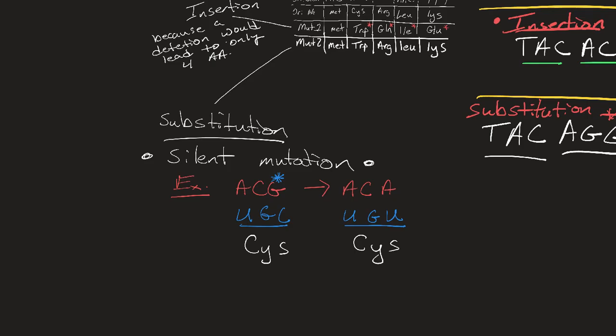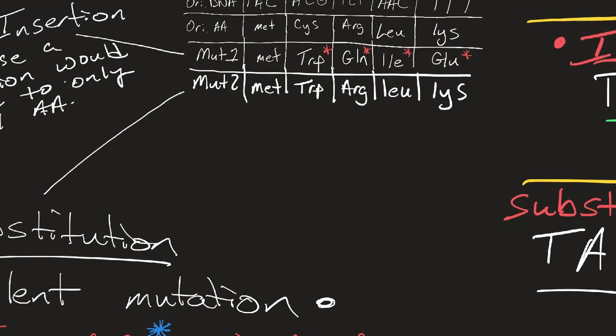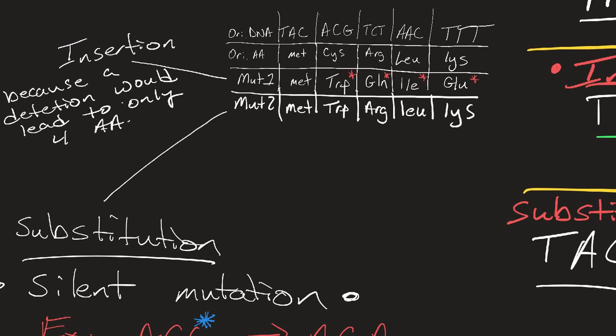So a substitution can definitely mutate the protein, but it could also be silent the way it is here, okay? But only a substitution could be silent. So this further backs up the idea that mutant 2 is a substitution.